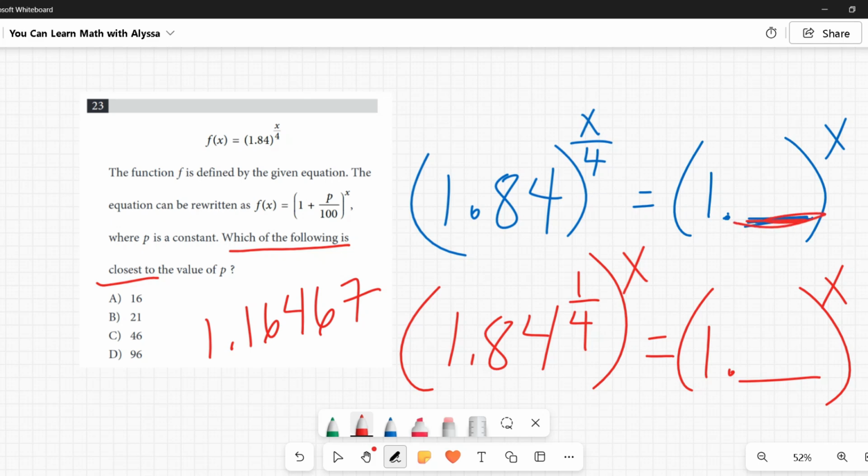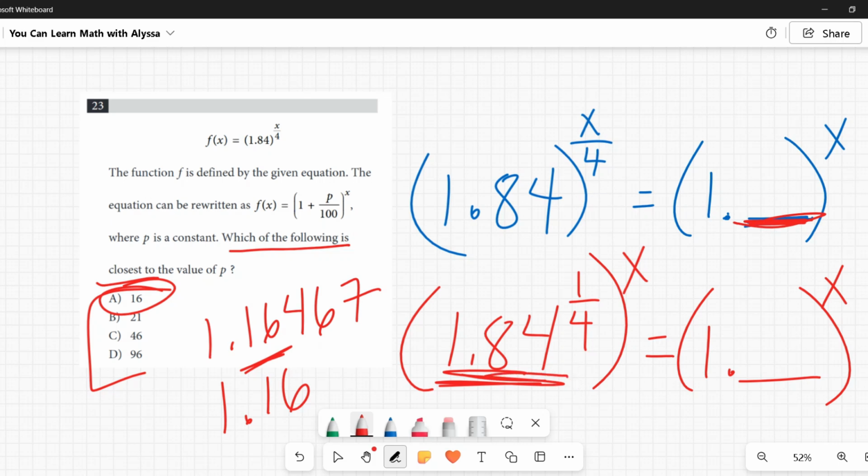Remember, we're rounding to those two places, so it would be 1.16. That is the closest to the value of p of those: 16, 21, 46, 96. 16 is the closest, and that is A. Because 1.16 is approximately 1.84 to the power of 1/4, which would then be the same as that to the power of x.